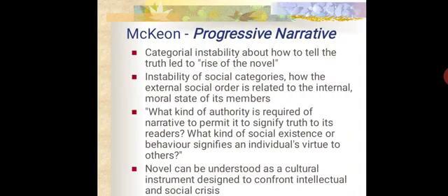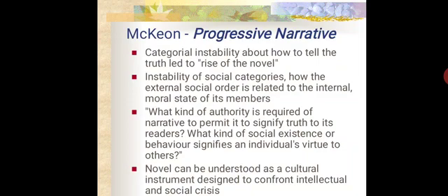Next is McKeon, progressive narrative. He said about the progressive narrative that categorical instability about how to tell the truth led to the rise of the novel. The novelist has a question of how to tell the truth, and the novel emerged from form.